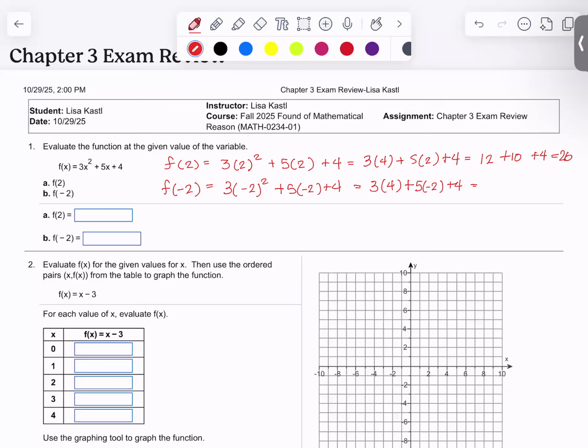So we get again, 3 times 4 is 12. But that second term, since x is -2, we're going to get -10. 5 times -2 is -10, plus 4. 12 minus 10 is 2. 2 and 4 is 6. So we get 26 here and 6 here.